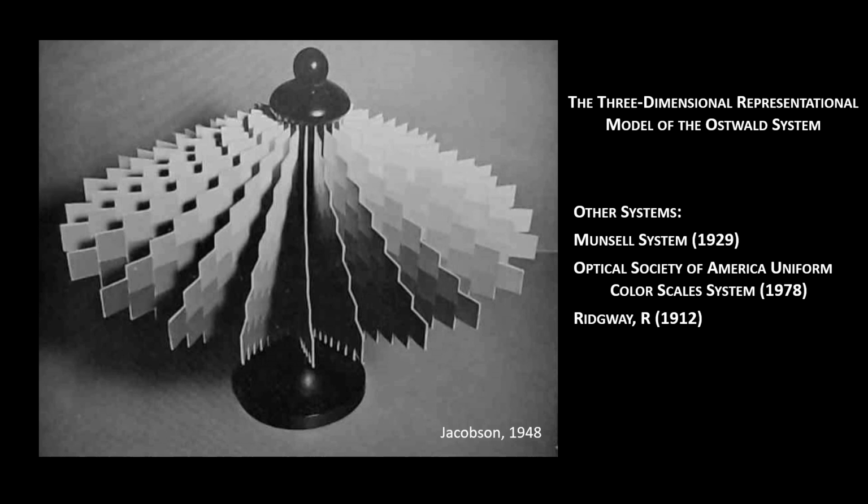There are other systems, more modern and refined. So the Munsell system is a very popular version. The Optical Society of America has their own color system. And then there's an early one by Ridgway, which is very interesting in the sense that he based his color selections on natural colors, namely the colors of birds or the colors of geological materials.